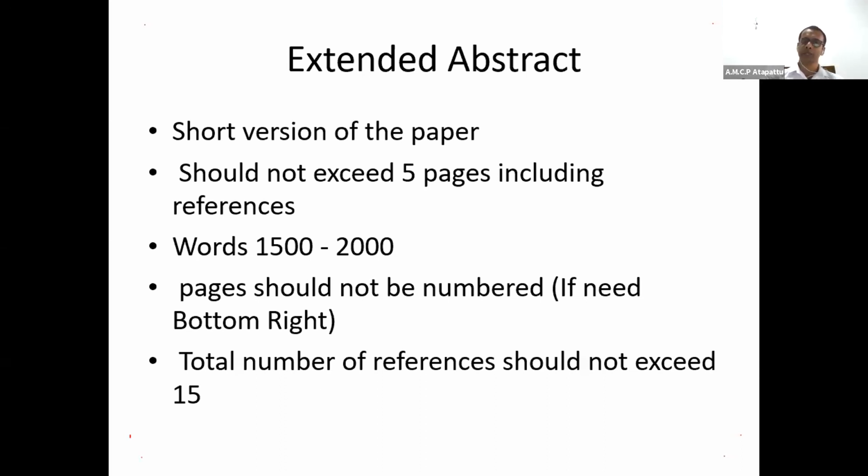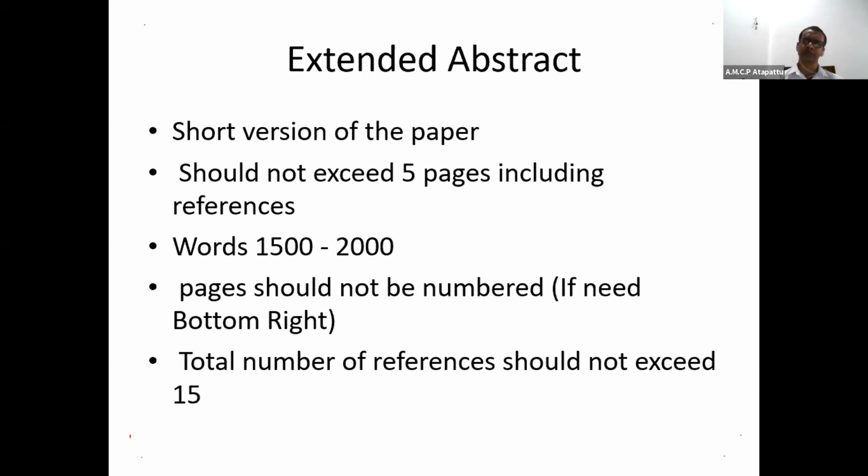Your extended abstract should be maximum 5 pages, including references. References also, I have given here, don't include more than 15 references. 15 maximum is enough.